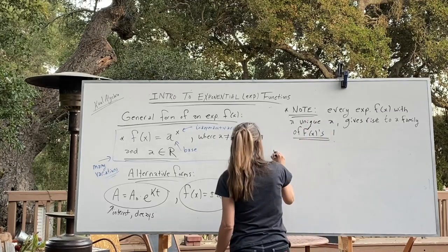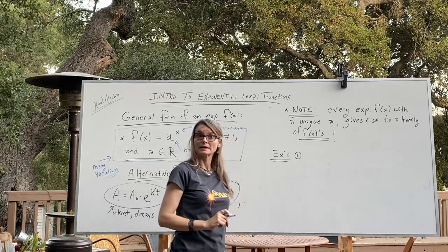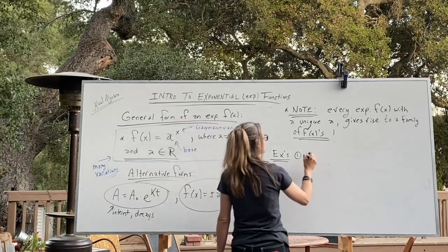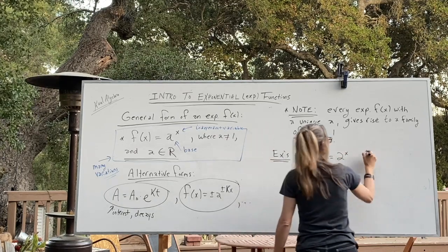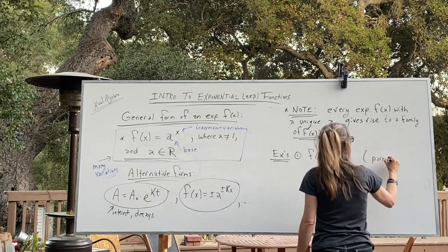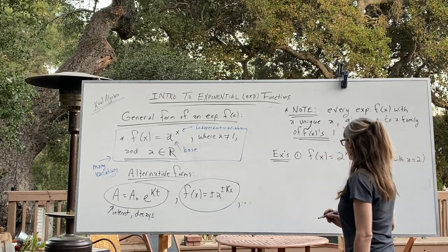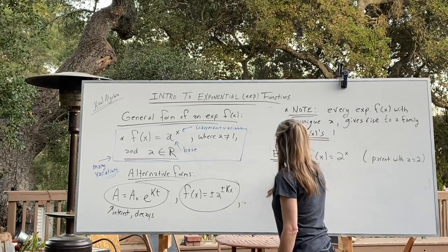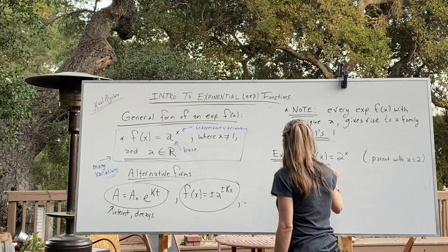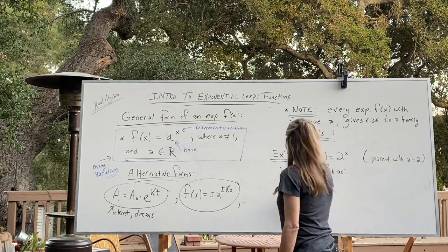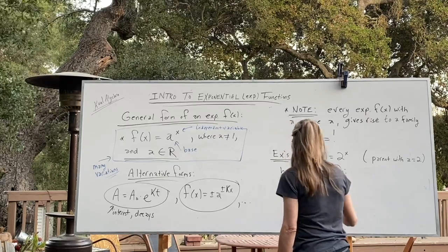So some examples. Number one, here's the most commonly used exponential function. f of x equals 2 to the x. This is a parent with your base a equal to 2. Okay. Has families such as, let's say, f of x equals 2 to the x minus 1.